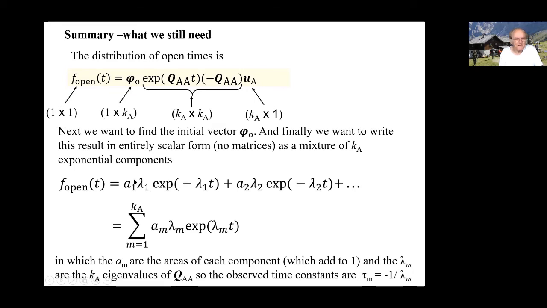So in this mixture, we have to multiply by the area A1 for the first component, the area A2 for the second component. And these areas must add up to 1, so that this is a probability density function, the area of which is 1. So in general, we can write that as a sum of Ka of these ordinary scalar exponential distributions.